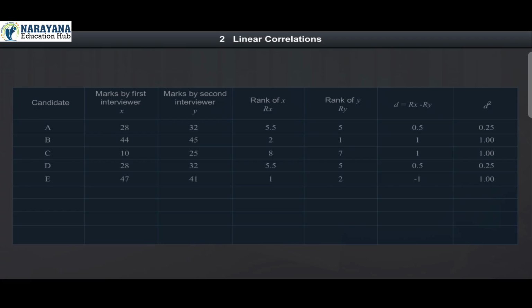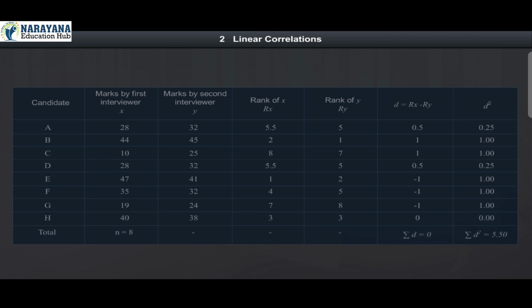E: 47, 41, 1, 2, minus 1, 1.00. F: 35, 32, 4, 5, minus 1, 1.00. G: 19, 24, 7, 8, minus 1, 1.00. H: 40, 38, 3, 3, 0, 0.00.